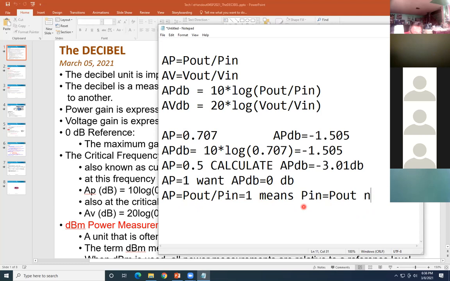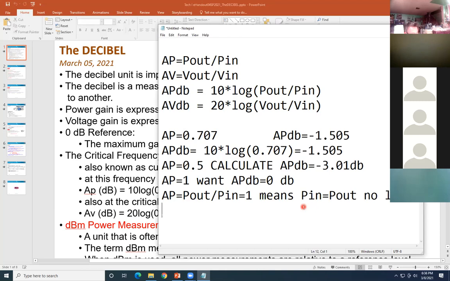That will be no loss. Input coming in 5 watts, output 5 watts. That means you are not missing any. Okay, 0 dB, the ratio between the output and the input, if they equal 1, that means you have a no-loss signal.